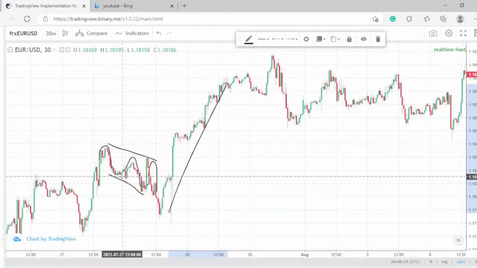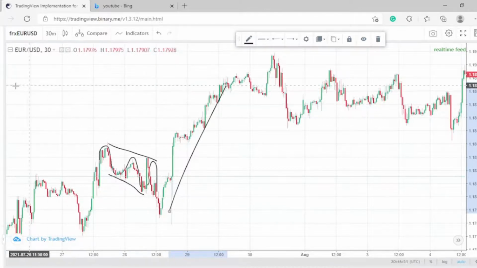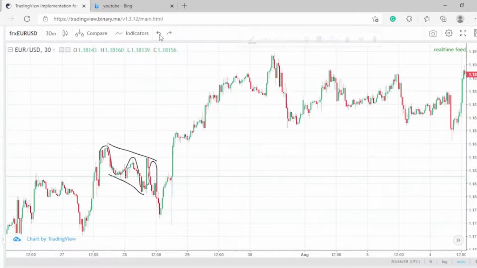So that is a channel. When you see this type of movement, you must know that the initial movement is coming to an end and another move is about to spring forth. So that's what a channel is, and I'll show you all about that in the next lessons.